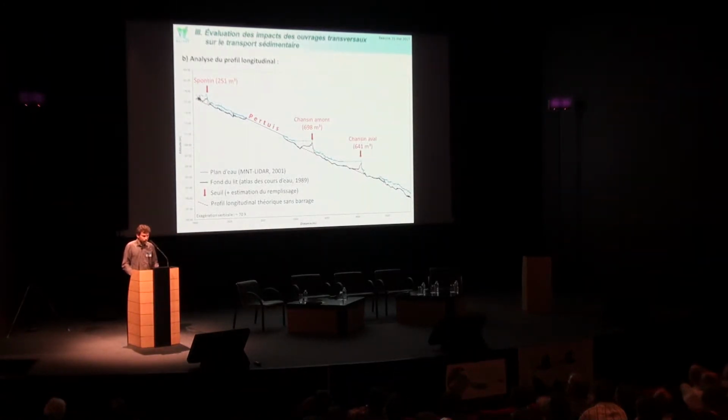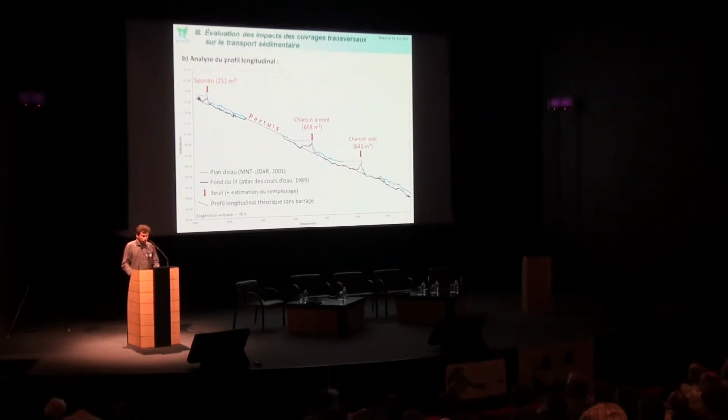This is the Bocq profile downstream of the Spontin village, with a 70-fold exaggeration to show the characteristics. This is the theoretical profile of the riverbed.